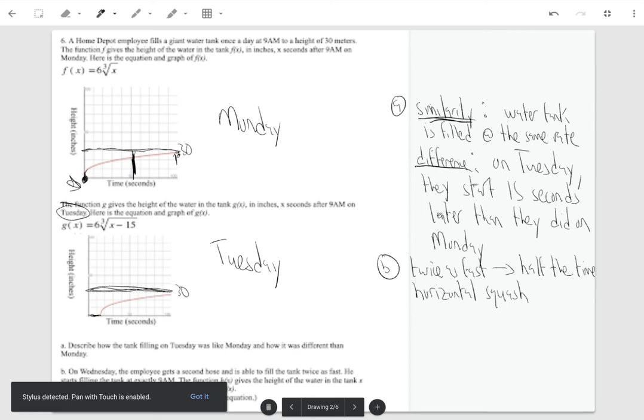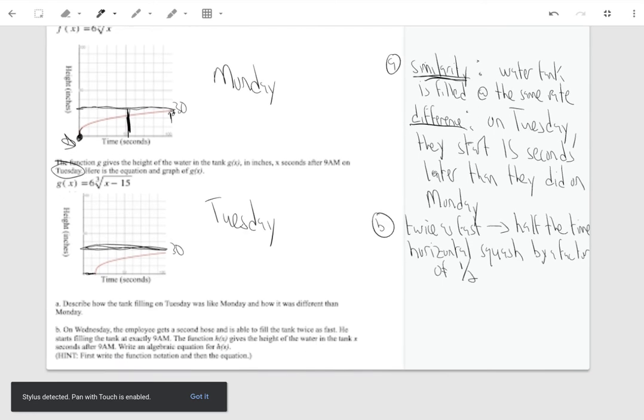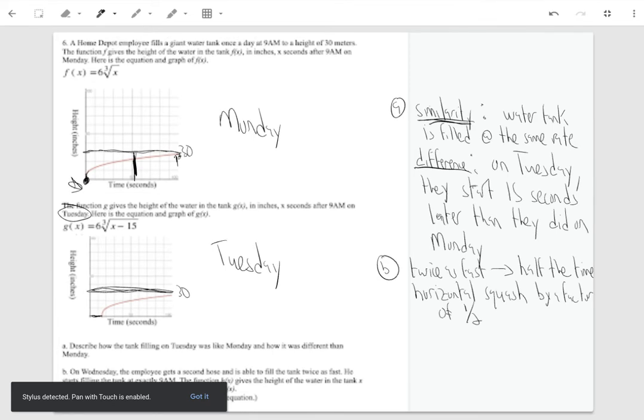A horizontal squash by a factor of 1/2. Why 1/2? Because the time is halving. First, notice it says in the hint, first write the function notation. So k of x equals f of x.